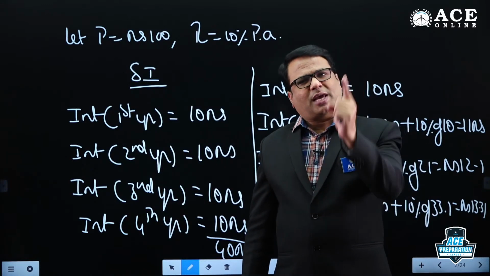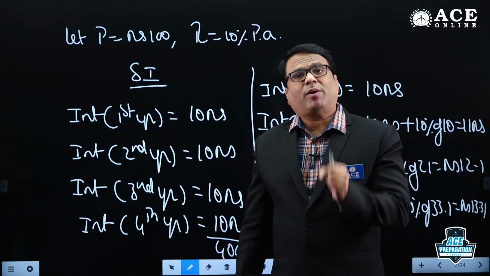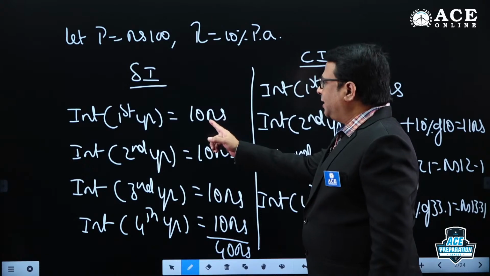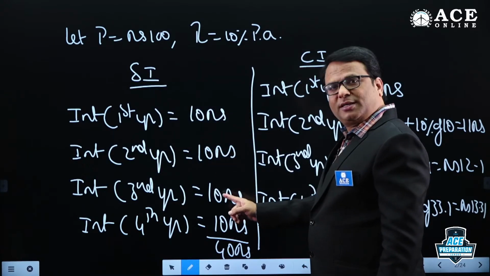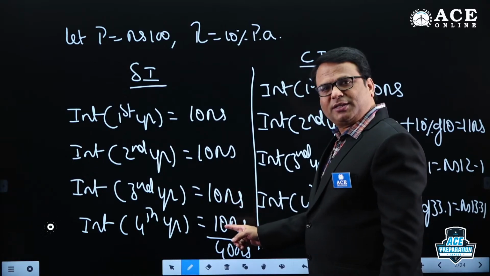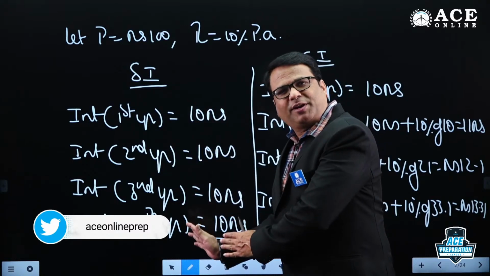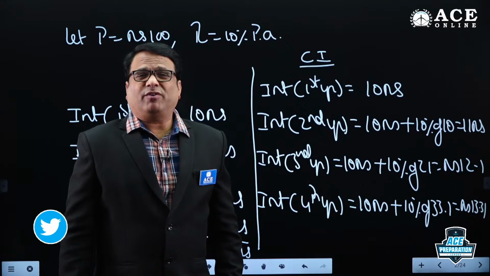Now point number 2. Simple interest is same every year, but compound interest changes from year to year. You can see, first year interest, 10 rupees. Second year interest, 10 rupees. Third year interest, 10 rupees. Fourth year interest, 10 rupees. So the simple interest is same every year. But compound interest is different every year.